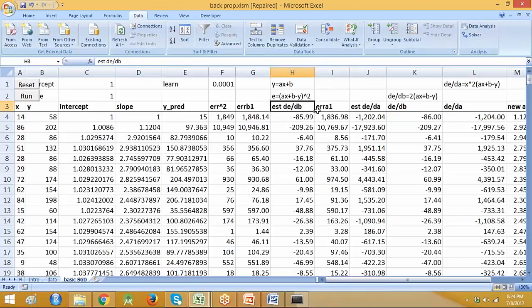Estimated DE by DB. That's the change in error, which is DE, when B, which is intercept, is changed by a small amount. Is that clear?